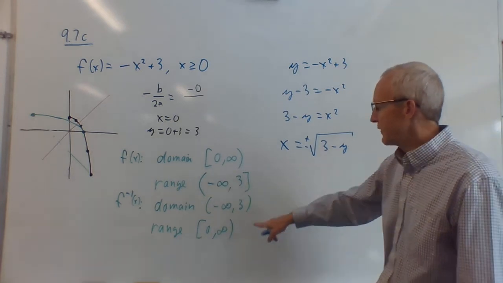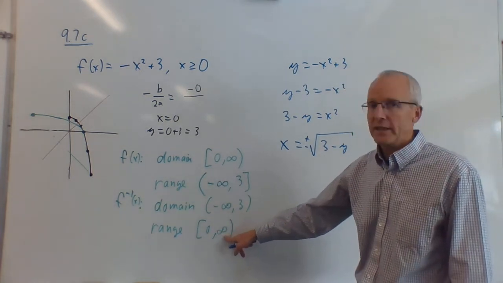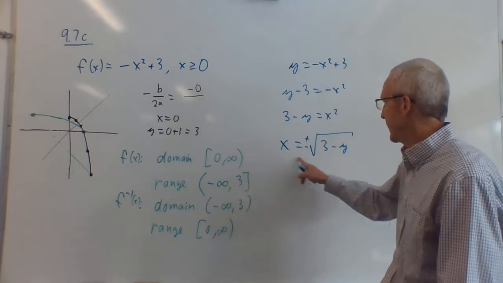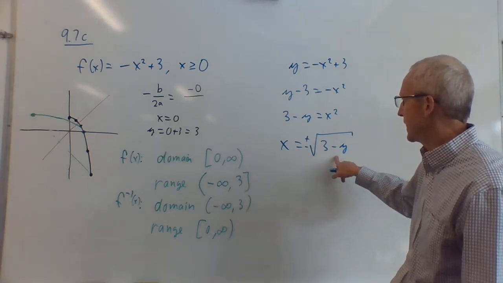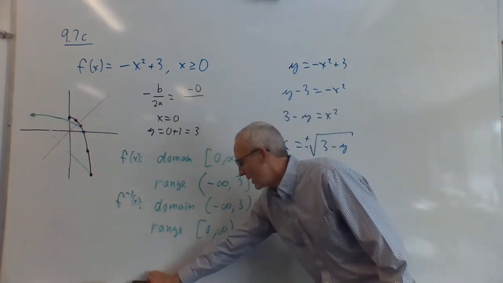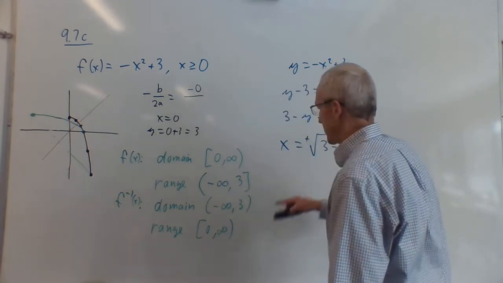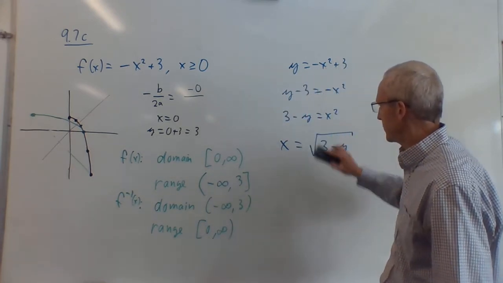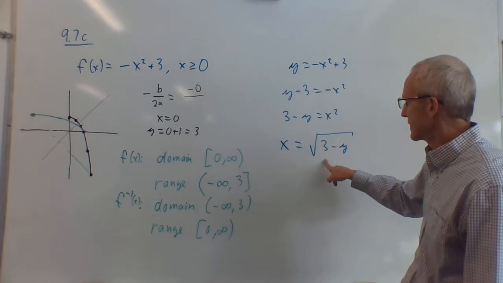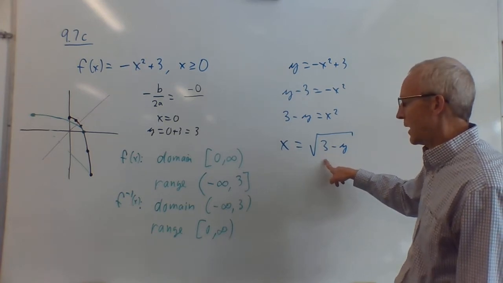The range of our new one should go from 0 to infinity. We know that, the range of our inverse. For that to go from 0 to infinity, we have to choose a positive one. So it has to be positive because we have our range. That's one reason to do that first. So we choose a positive one because this goes from 0 to infinity.